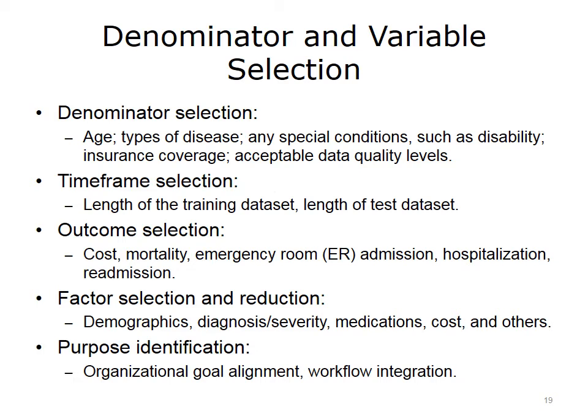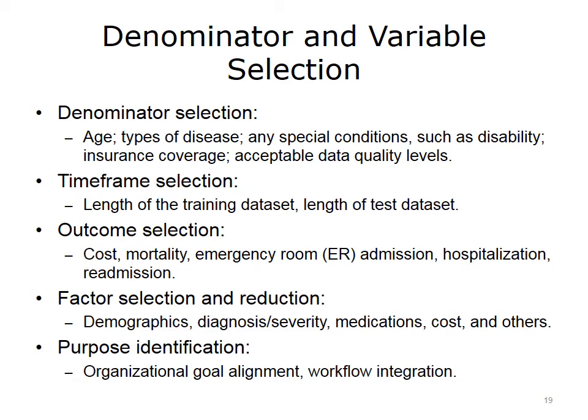There are multiple factors that can be used to modify and refine the definition of a population denominator, such as age, types of disease, any special conditions such as disability, and insurance coverage. Another intrinsic factor not directly derived from the denominator but effective in the selection process is data quality levels.